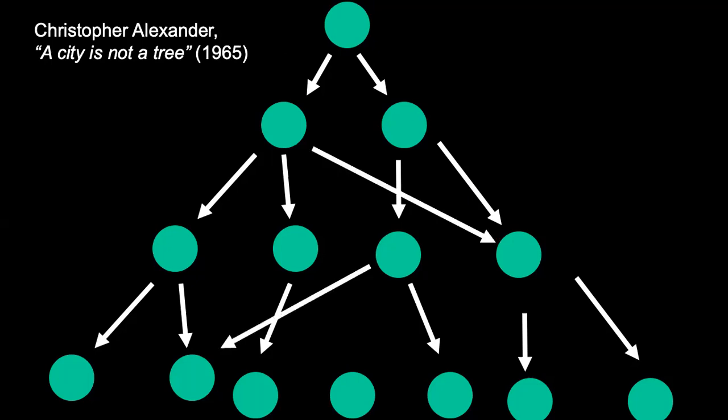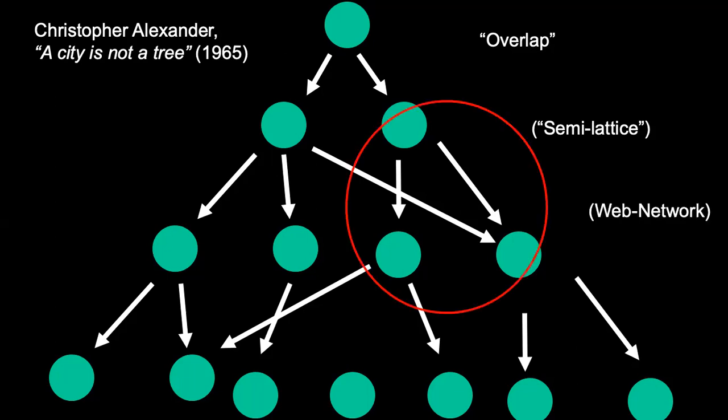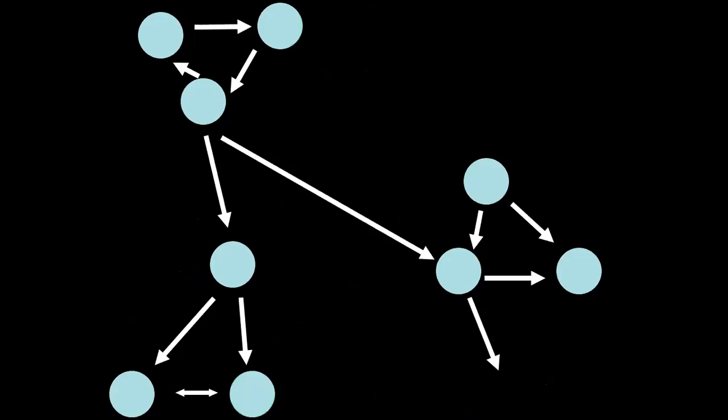taking that forward into his idea expressed in The City Is Not a Tree, the idea that overlap is an essential ingredient in the structure of something like a city or a neighborhood or a newspaper rack, or any of these components, the actors in the network that are such critical components. And furthermore, you can begin to tease out different kinds of relationships between these different areas, the different nodes. Some of them have weak ties. They're not particularly strongly related.